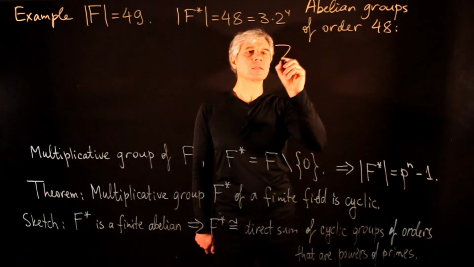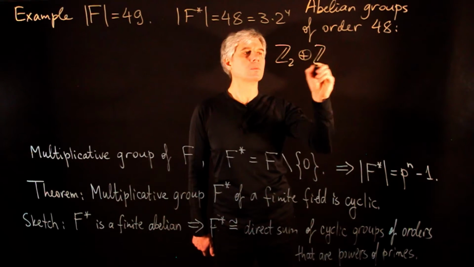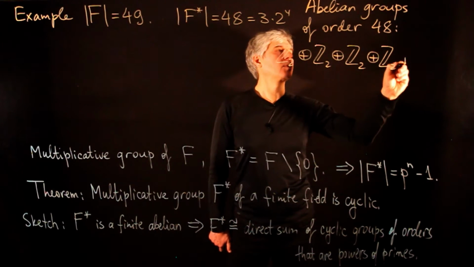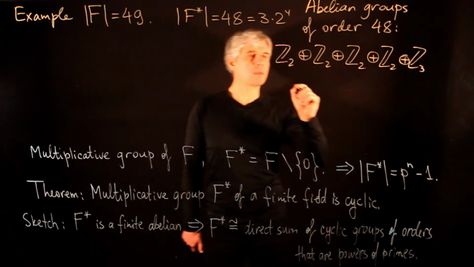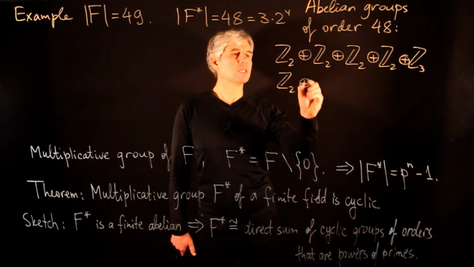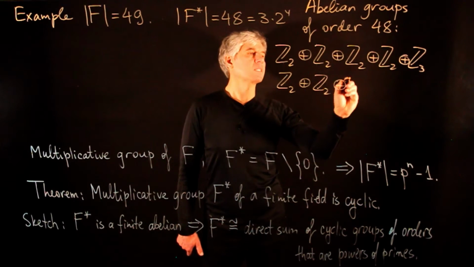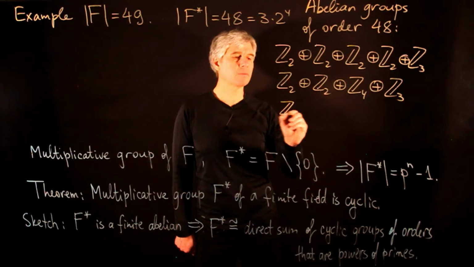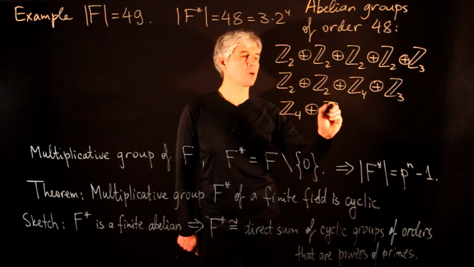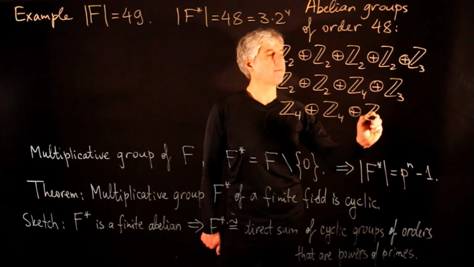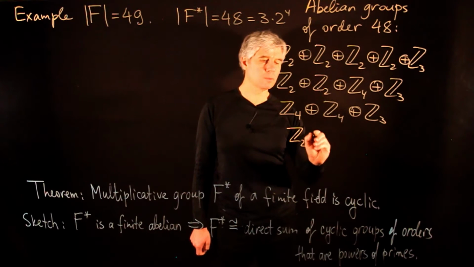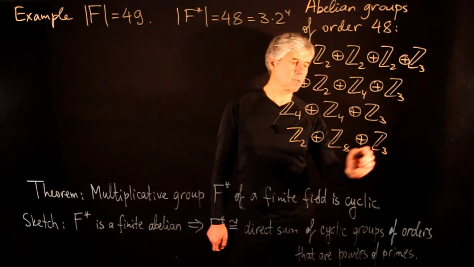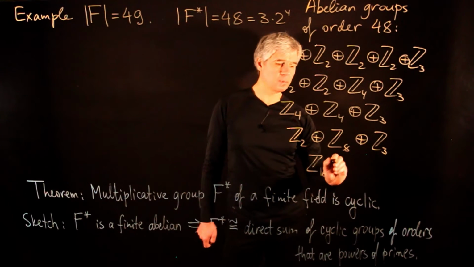So these are Z2 plus Z2 plus Z2 plus Z2 plus Z3, then Z2 plus Z2 plus Z4 plus Z3. We have Z4 plus Z4 plus Z3. We have Z2 plus Z8 plus Z3. And we have Z16 plus Z3.